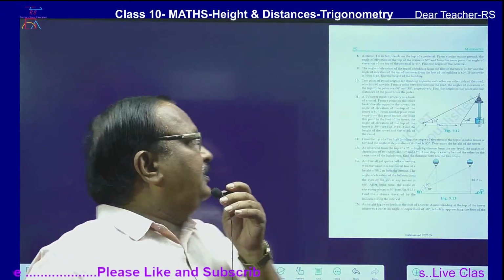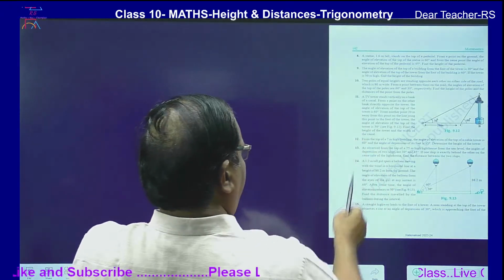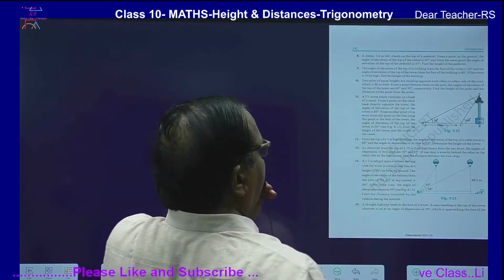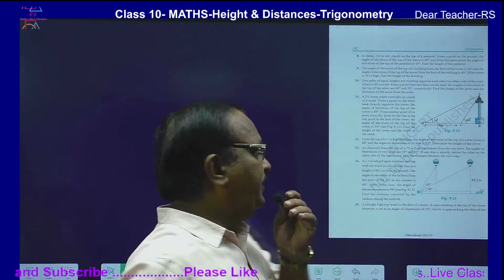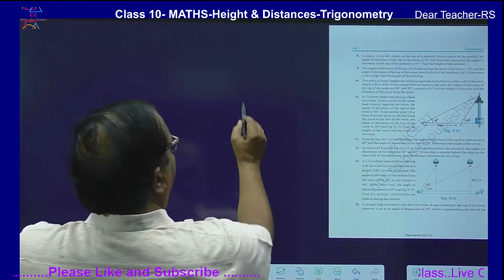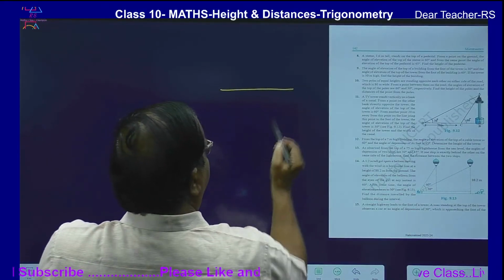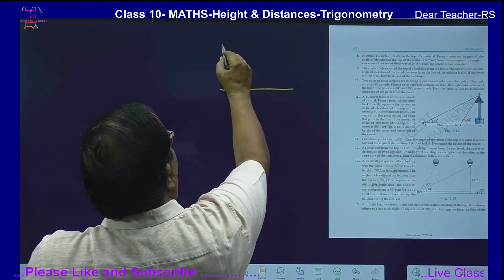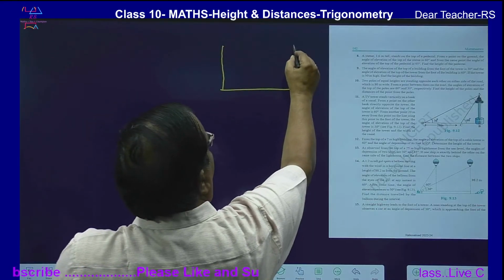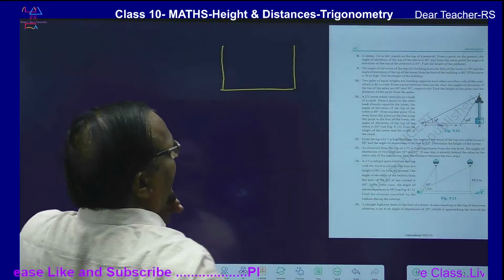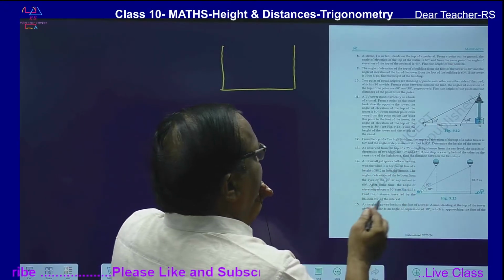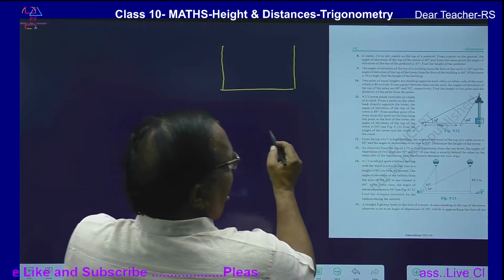Okay, so now the 10th question. Two poles of equal heights. Let us say this is the ground. This is one pole and this is another pole, opposite to each other on the side of the road.